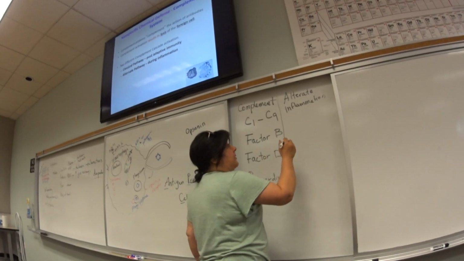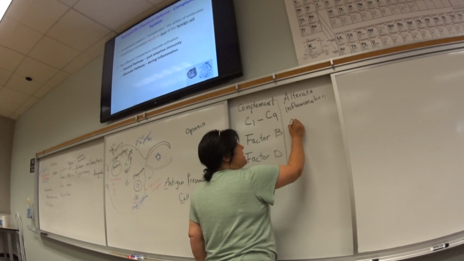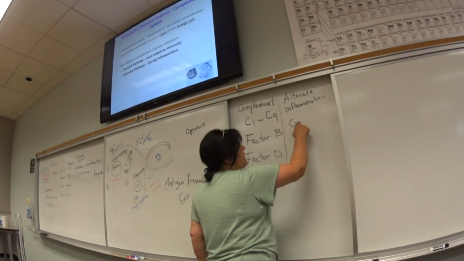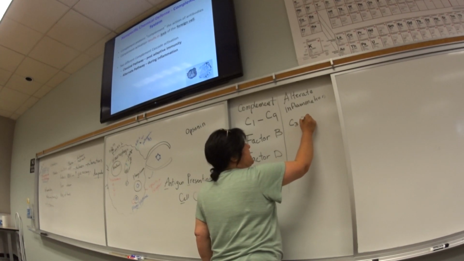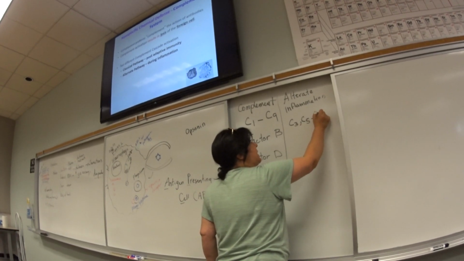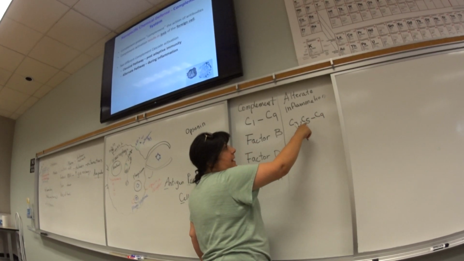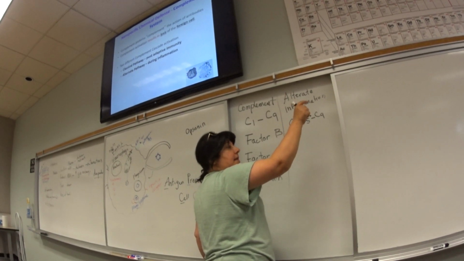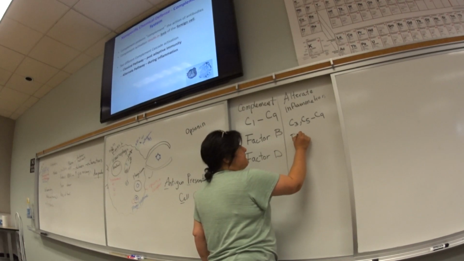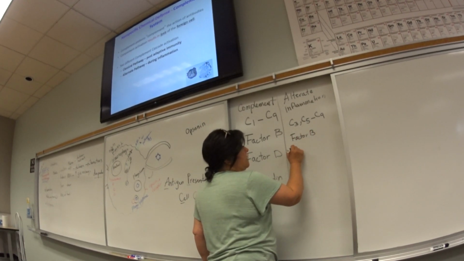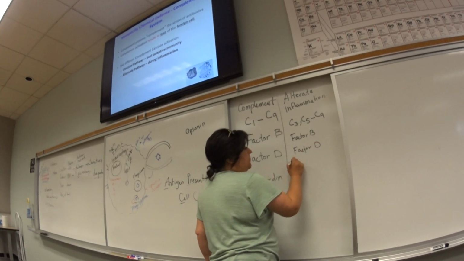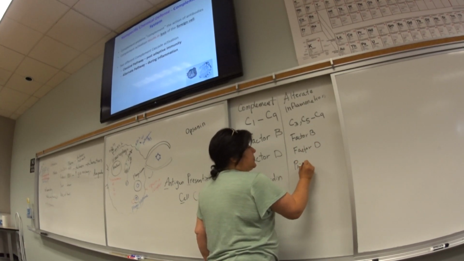The proteins involved in this are C3, then C5 through C9, so C3, C5, 6, 7, 8, and 9, plus factor B, factor D, and properdin. I'm just going to write it short.